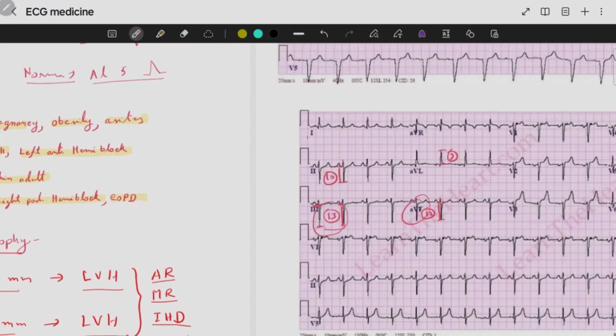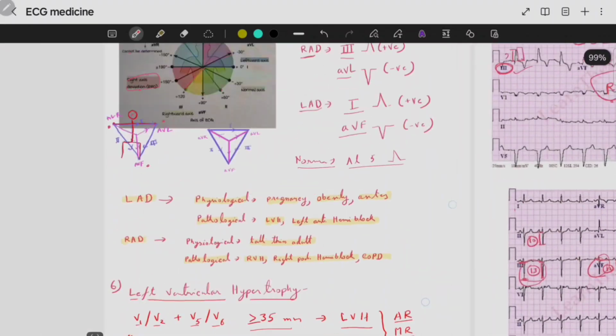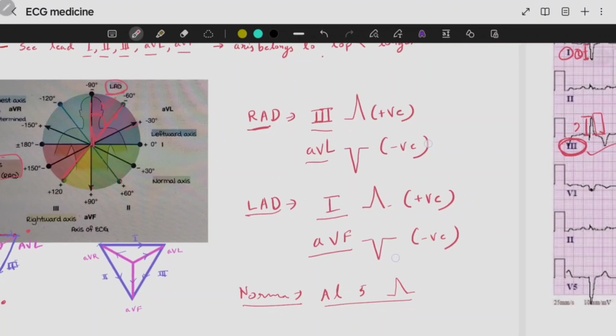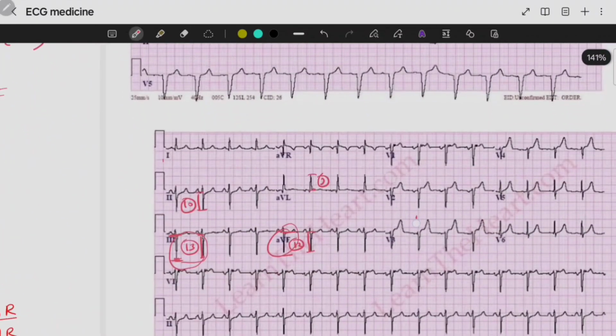So the axis is opposite to lead 3 and lead aVF. Let's see, the positive lead 3 is this side and it is negative, so this is the opposite side. This means minus 60 degree, and opposite to aVF means minus 90 degree. So the axis belongs to this area, means it is a left axis deviation ECG.